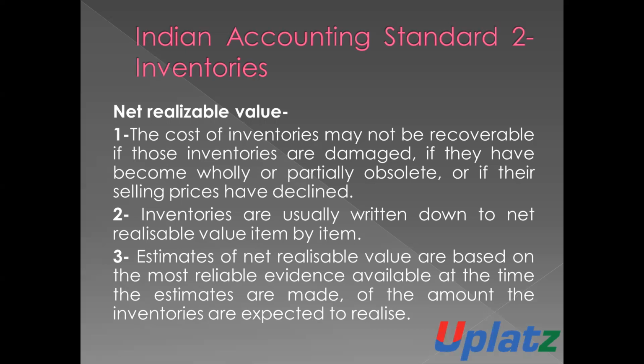Then the inventories are usually written down to the net realizable value item by item. That is, when any inventory is obsolete partially or fully, or there is a decline in its selling price, it is written down to its net realizable value, item by item.